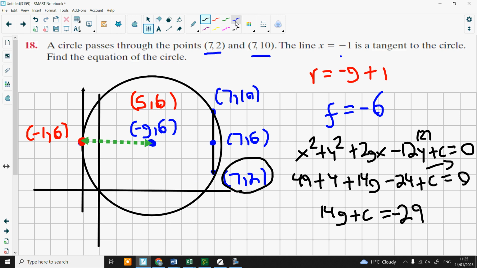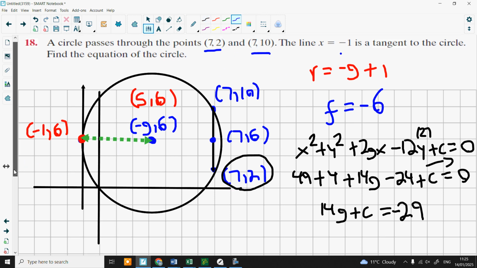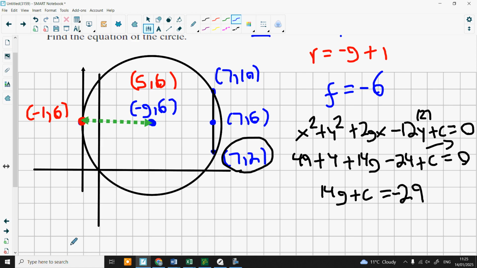Now we do the same thing for (7, 10), will we? 49 plus 10 squared is 100, plus 14g. Then what else? It's 10, isn't it? So minus 120.